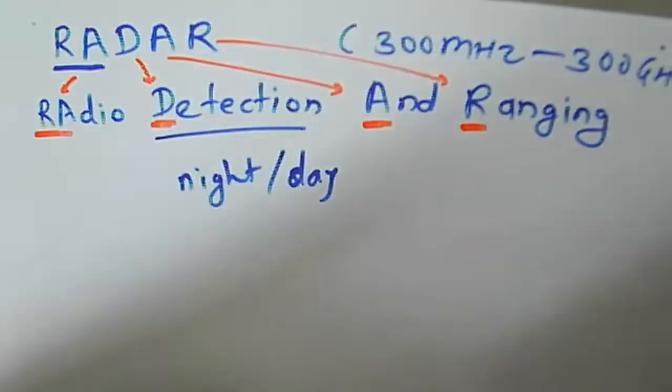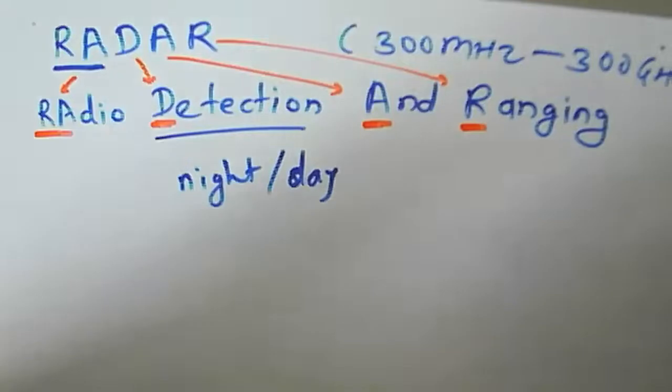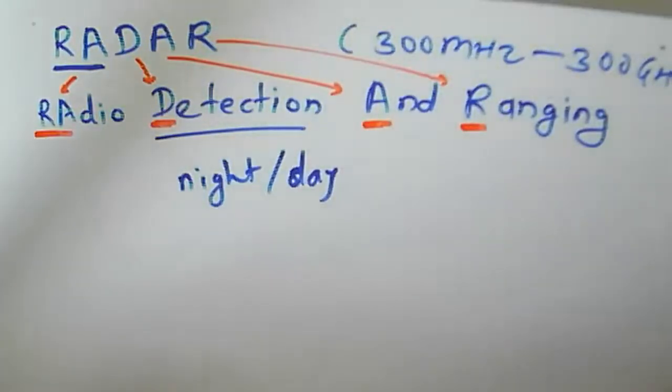Because if it is a conductor, again the depth of penetration of the wave will come into the picture, and whether the wave will be absorbed by the surface, and how much will be penetrated.